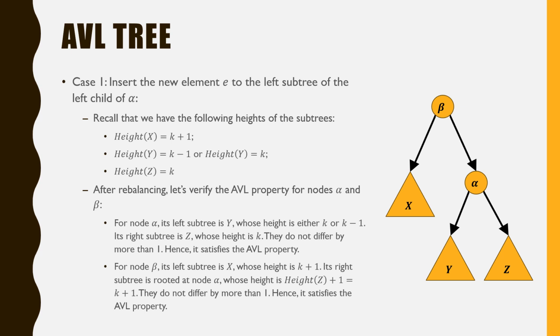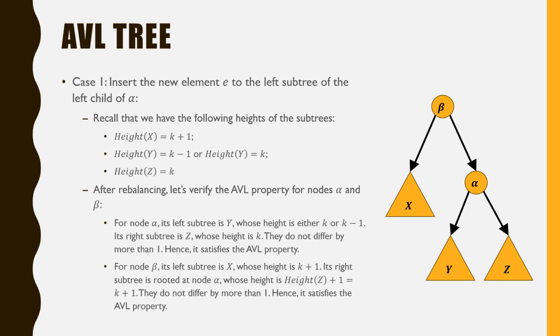Now, for node alpha, its left subtree y has a height of either k minus 1 or k, and its right subtree z has a height of k. Since their heights do not differ by more than 1, the AVL property is satisfied at node alpha.